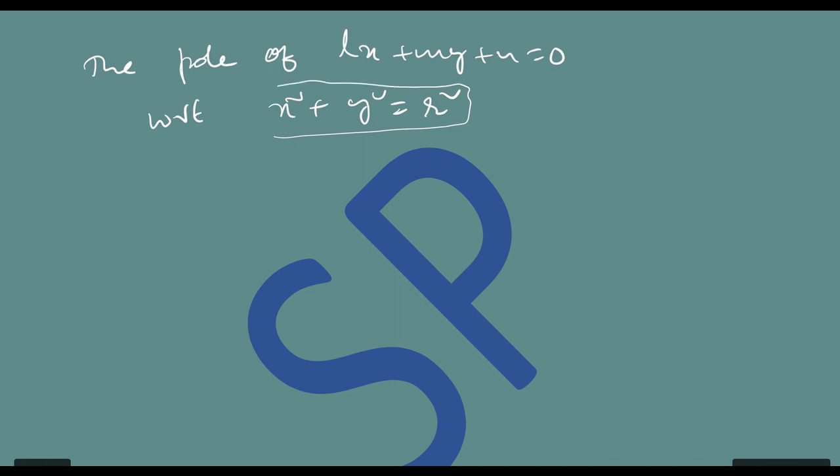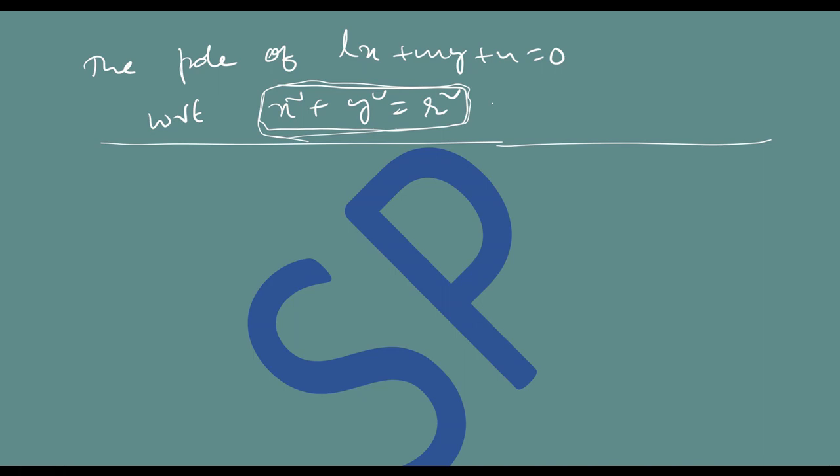Observe carefully, it is not the general circle I am taking. I am taking the circle having center at the origin. So if you are going to memorize the pole as a formula, you should remember that it is only for this circle but not for the general circle. Only in that case you can apply it as a formula.